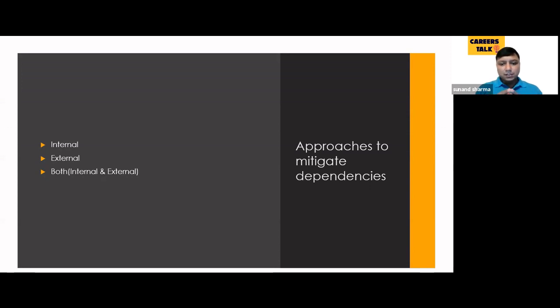That is again important. So the multiple teams should align on the common goal. That is very important if you want to reduce this kind of dependencies. So these are certain approaches which we can use. Thanks all.